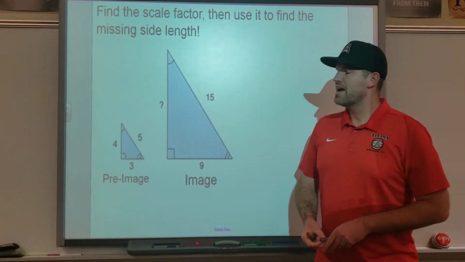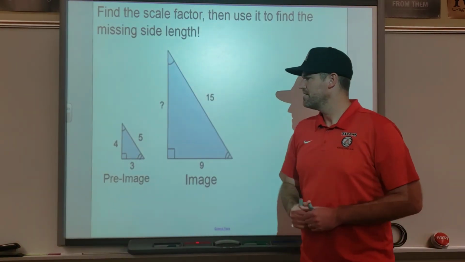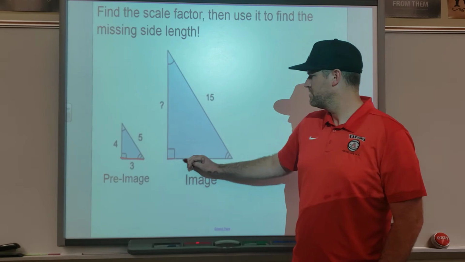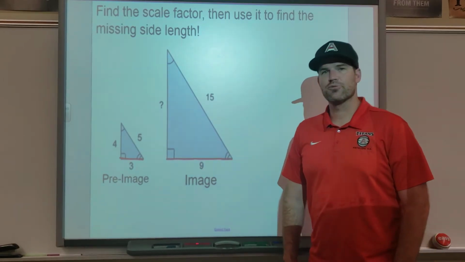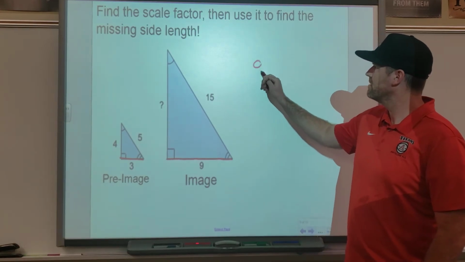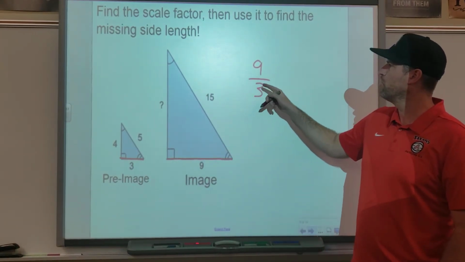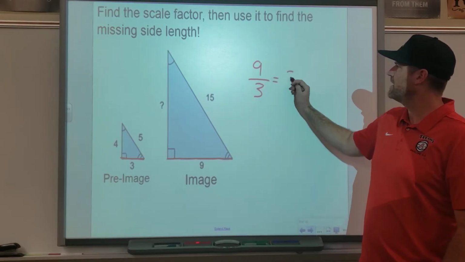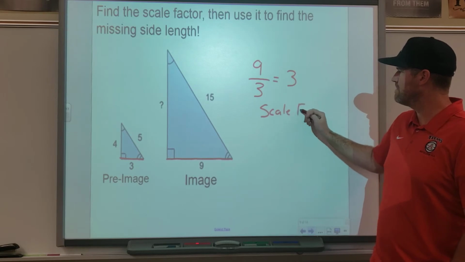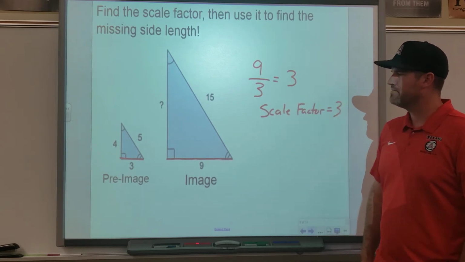Okay, so now I'm going to find the scale factor and then use it to find a missing side. For this, I'm just going to pick two sides that I know go together. I know that 9 and 3 will go together. I know that 9 is my new length. I know that 3 was my original, so new over original, and I get 3. So my scale factor, or K, is 3.